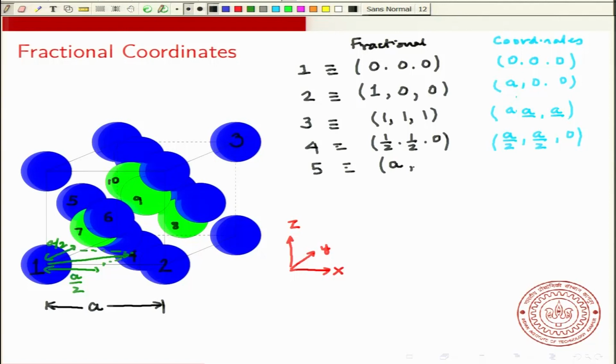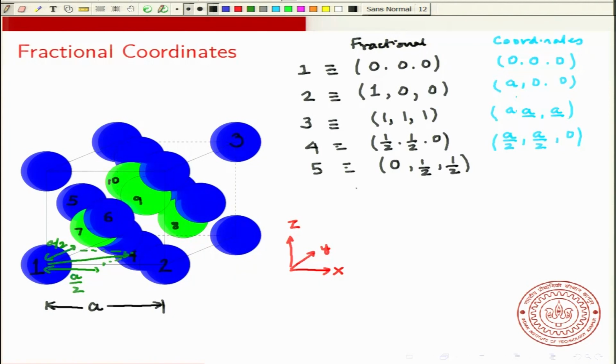The y coordinate is a by 2, so its fractional y coordinate will be, oh, I should, this is a mistake, this should be 0, half, half. The z coordinate is half, and I won't bother writing the actual coordinates.